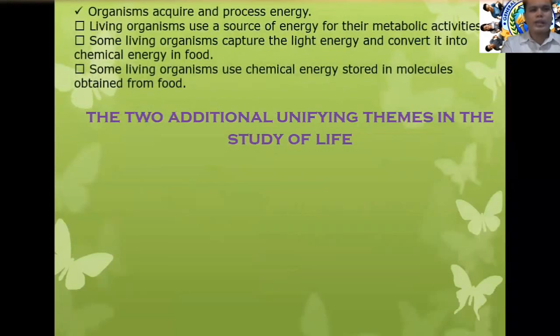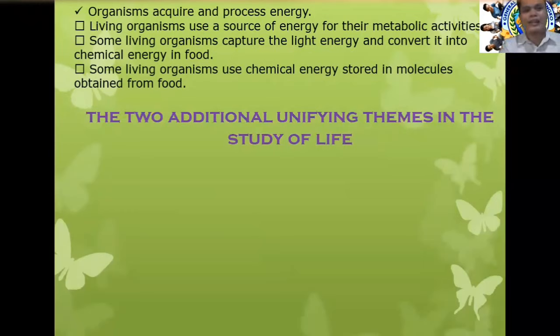Organisms acquire and process energy, as living organisms use a source of energy for their metabolic activities. Some living organisms capture light energy and convert it into chemical energy in food. And some living organisms use chemical energy stored in molecules obtained from food.